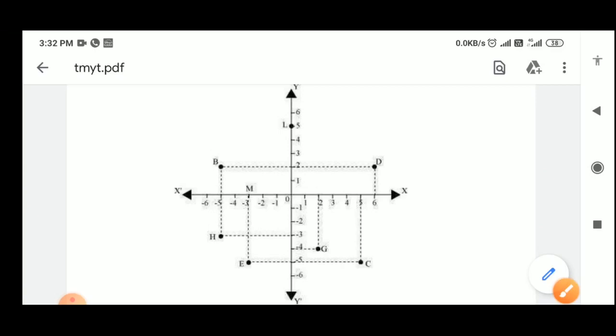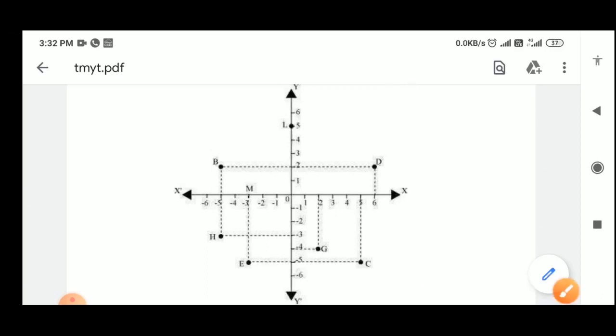Then next one, I am explaining point L. Here it is. First check the x coordinate. This L is joined on point O, means 0, and y coordinate is 5. So the coordinates of L are 0 and 5.